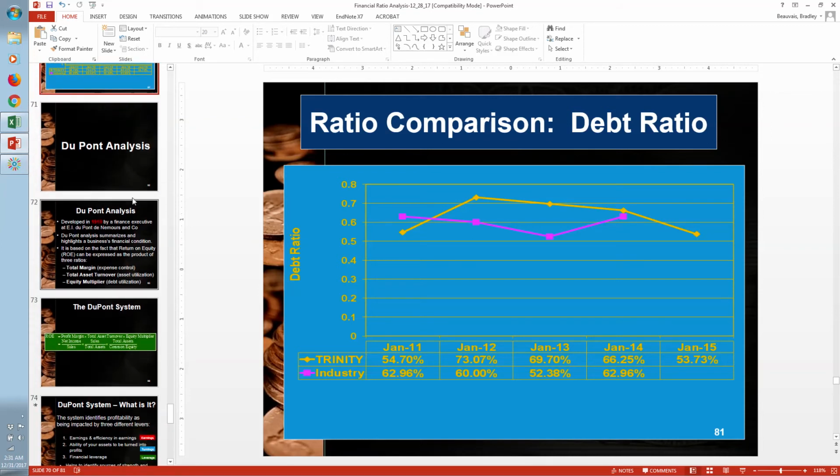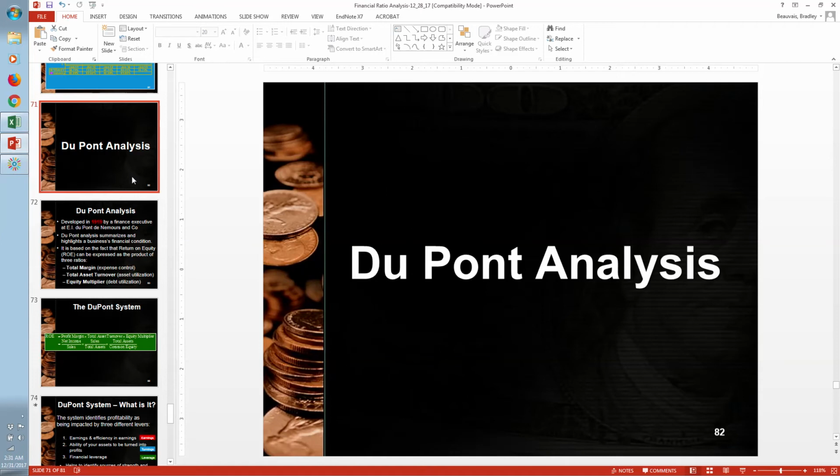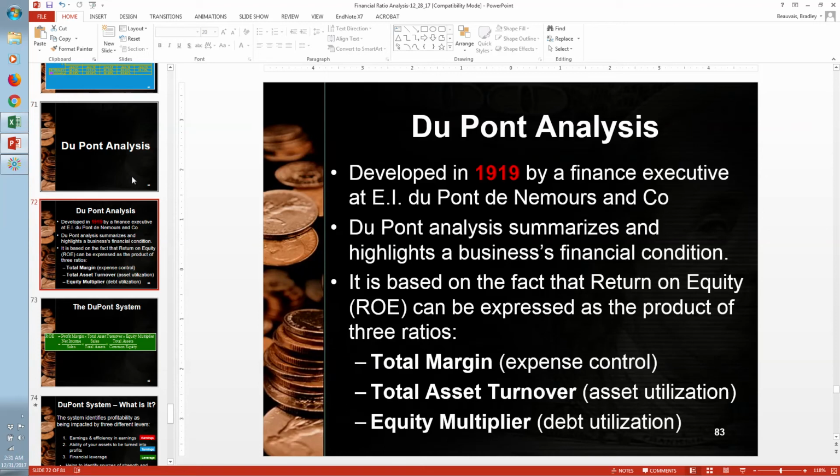Last section here I want to talk about with respect to ratios is this topic of the DuPont analysis. The textbook talks about it, and it can be a pretty useful tool that helps us break apart this topic of return on equity.